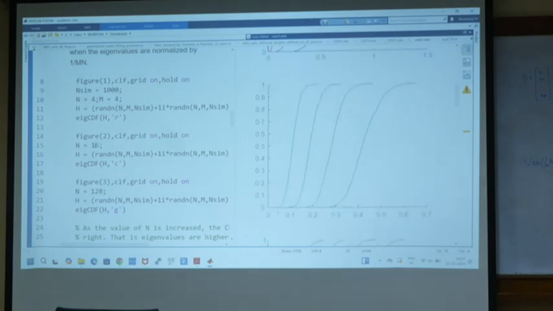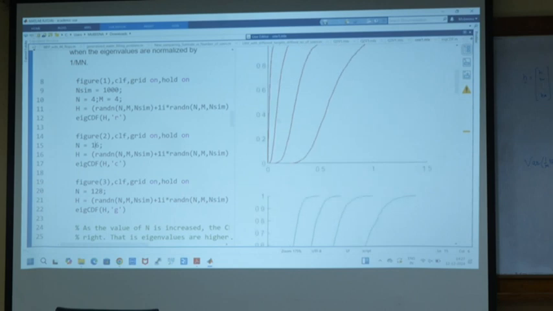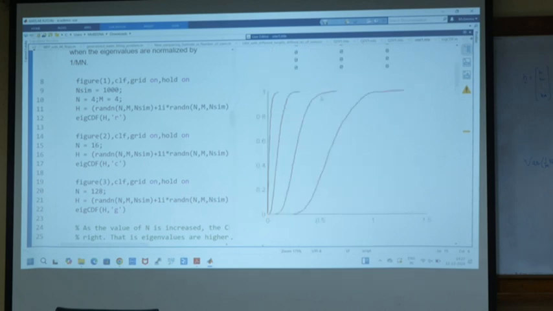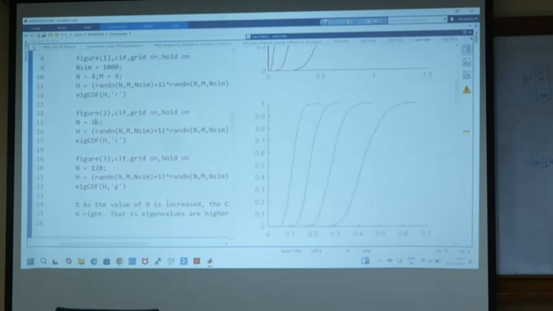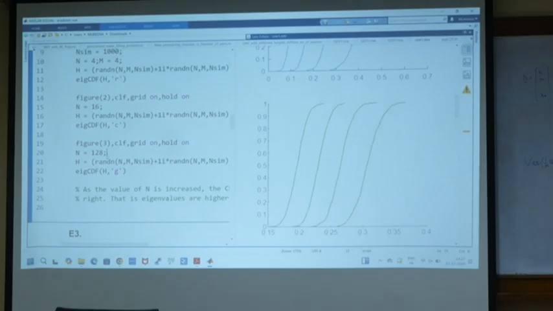If I choose n to be very large, these values are on a little bit lower side. So here I took n equals 128, generated the realization, and put it into the EIG CDF function, and it generates all the CDF values.